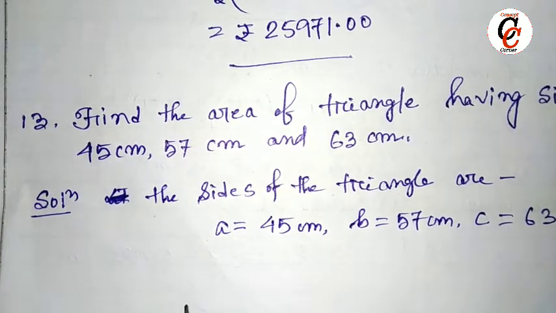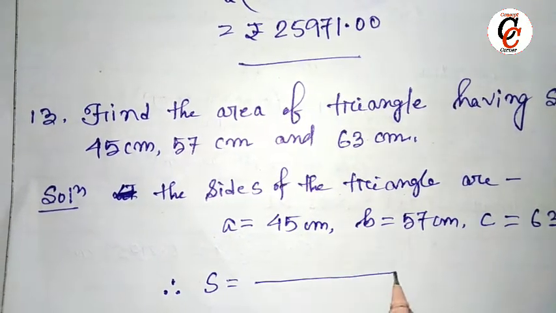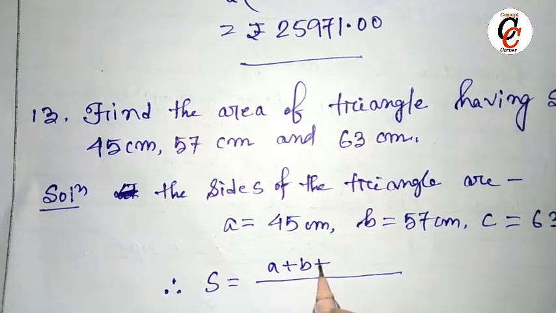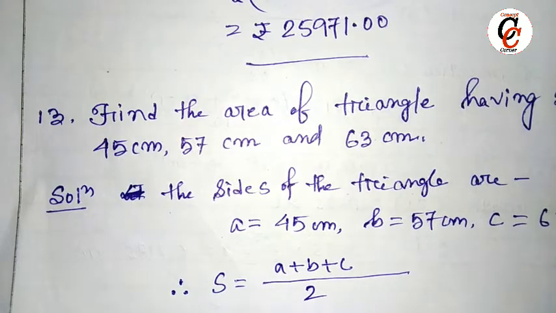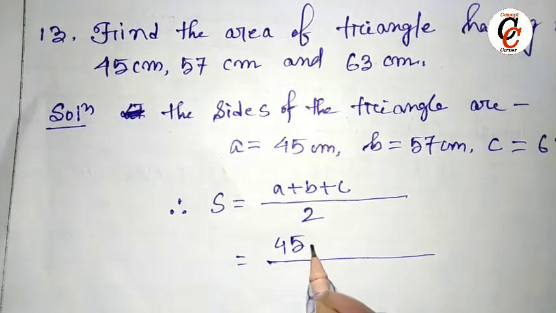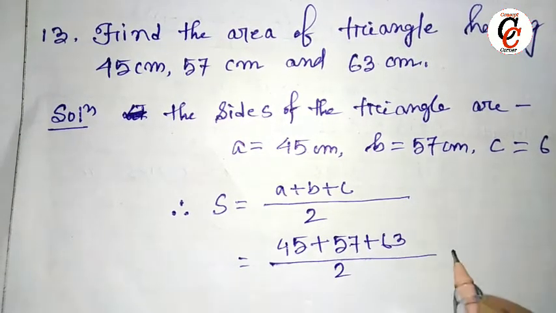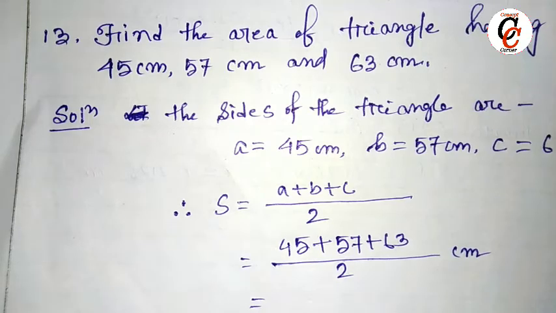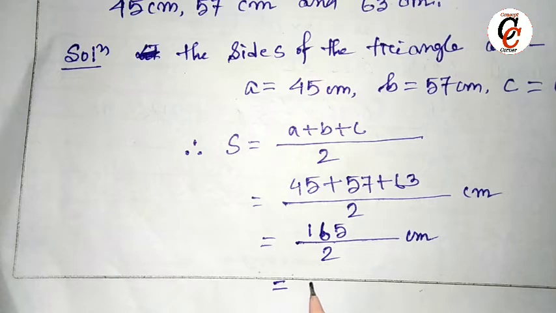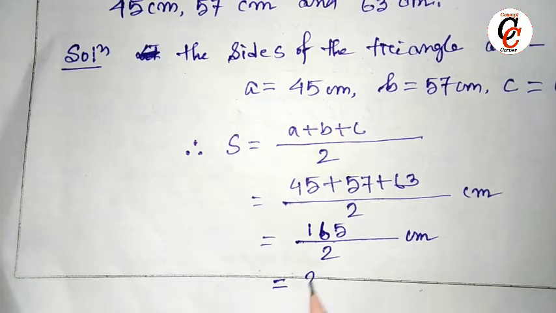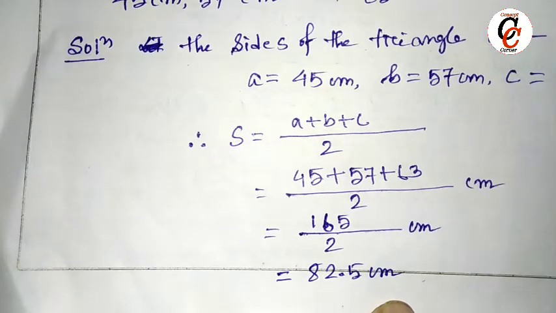So using Heron's formula we have the semi-perimeter, therefore semi-perimeter S is equal to (A plus B plus C) by 2. So put the values. A means 45 plus 57 plus 63 by 2 centimeter. So after adding we get 165 by 2. That means the value is 82.5. This is the value of the semi-perimeter.